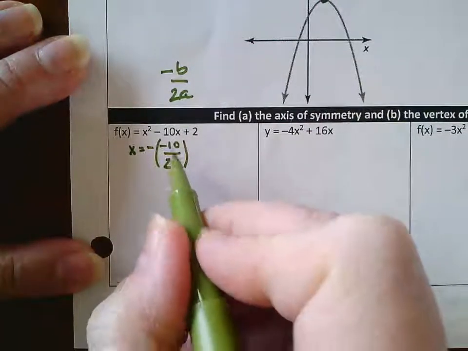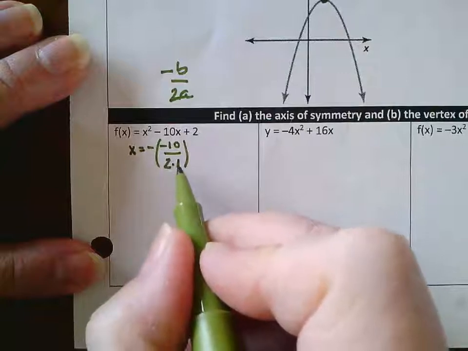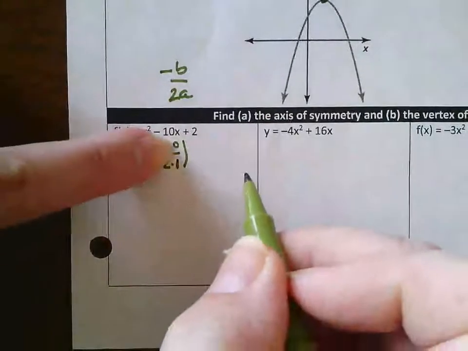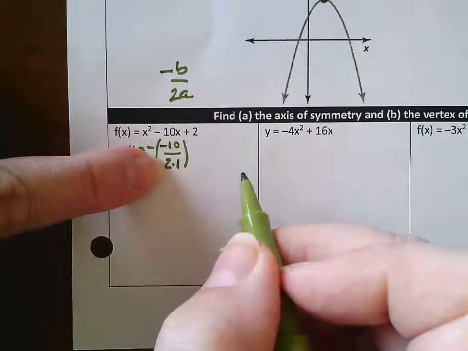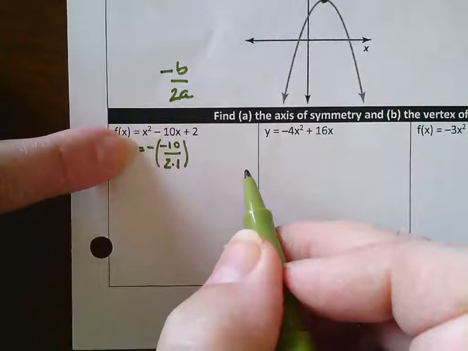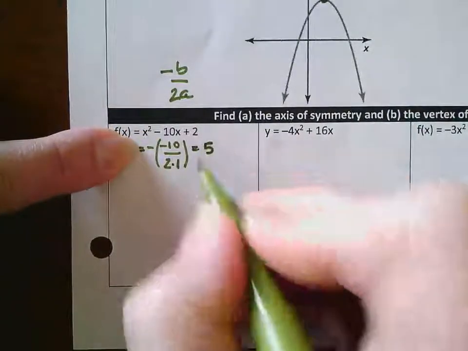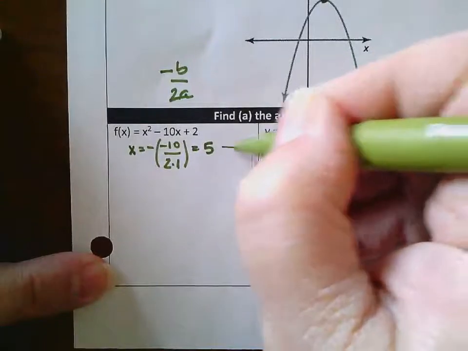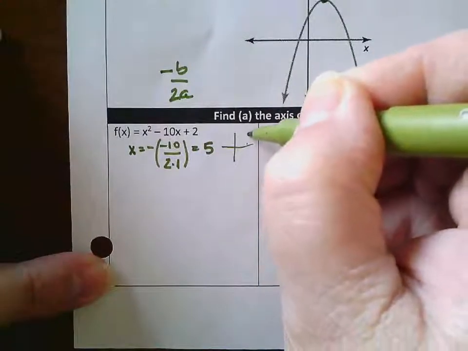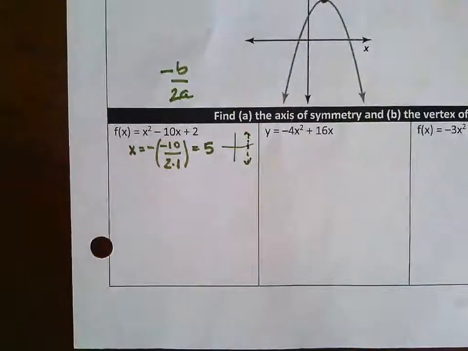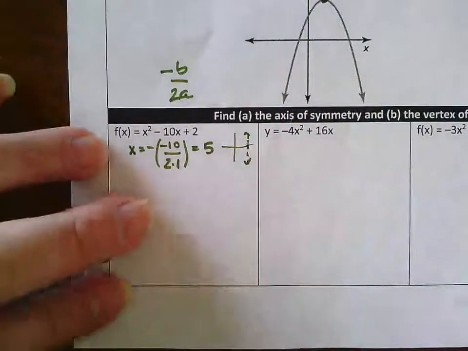So 2 times 1 is 2, divided into negative 10 is negative 5. Negative 5 times negative 1 is 5. So my axis of symmetry is where x equals 5. So it'd be like over here in a graph, right, if that was a 5. That would be my axis of symmetry.